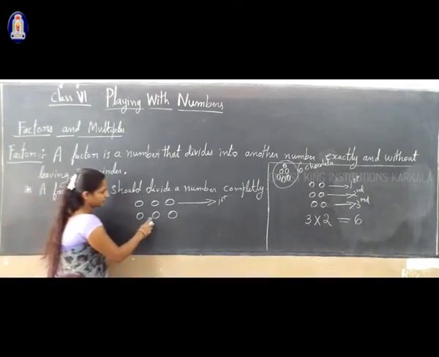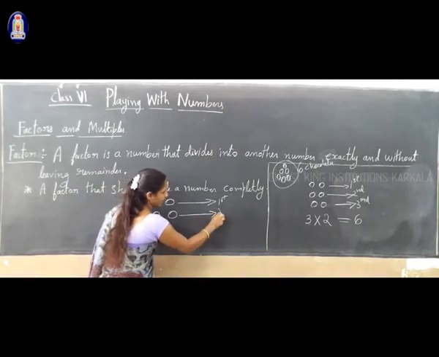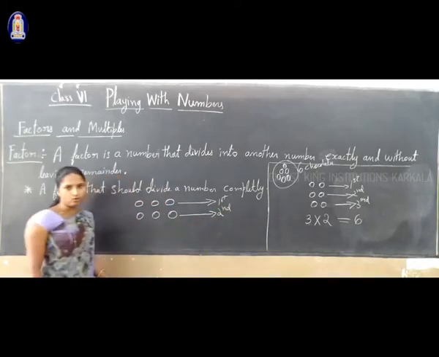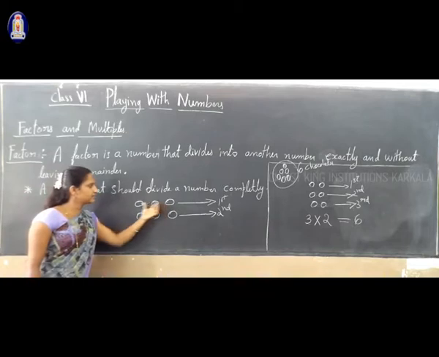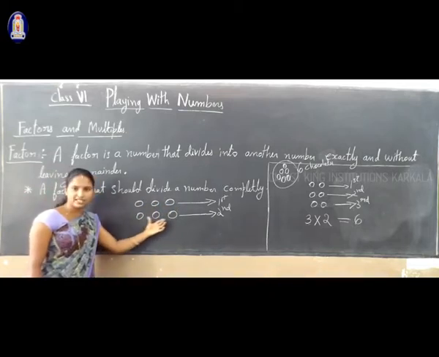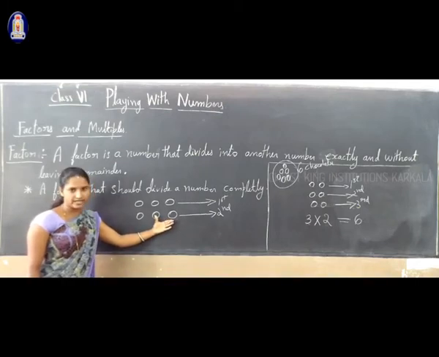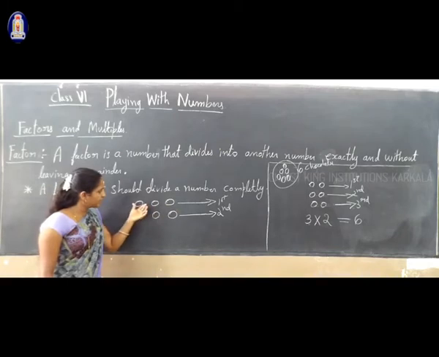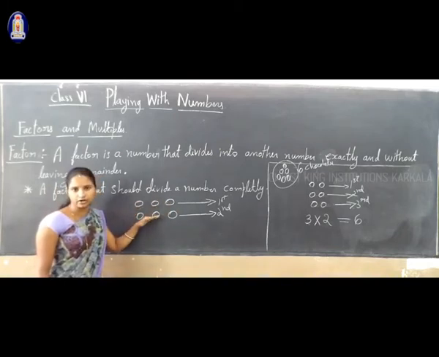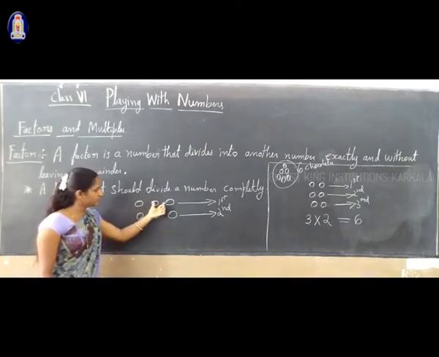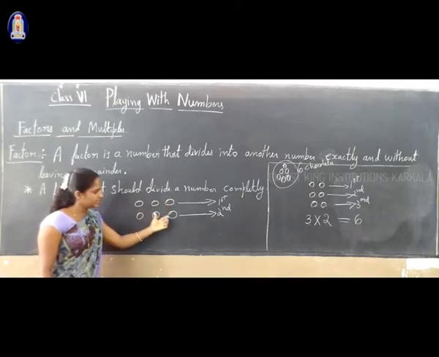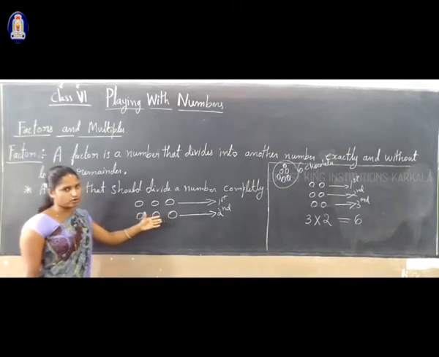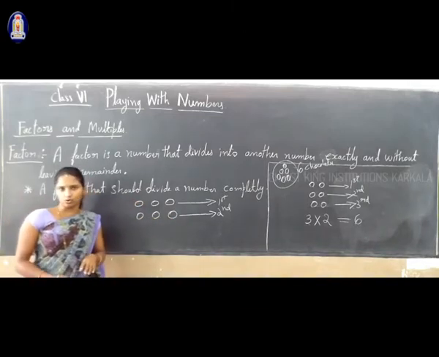So now, in each row, we get how many chocolates? Equal chocolates, correct? Here there are 3 chocolates. In the next row also, there are 3 chocolates. Equal number of chocolates we arrange in each row, correct?